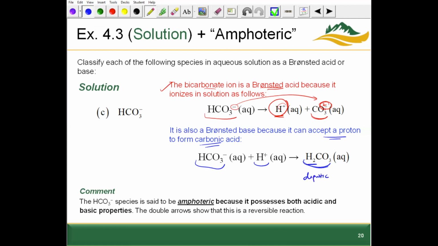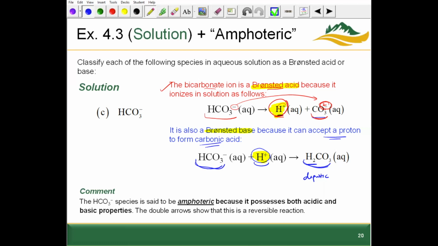So here's our diprotic acid that we started with. It can dissociate one proton to form this species. This can further dissociate to produce another proton and this species. So this can accept a proton as a Bronsted base. This can donate a proton as a Bronsted acid.